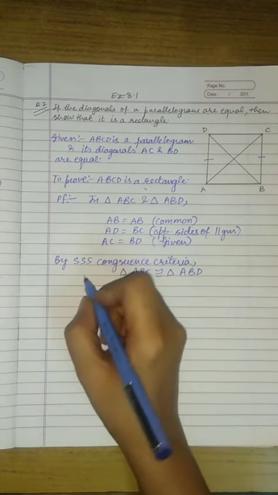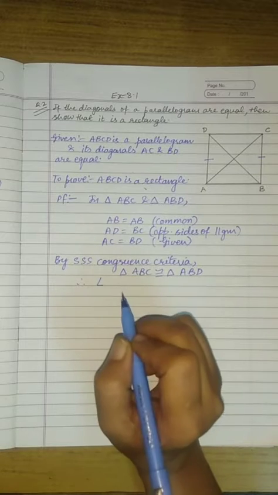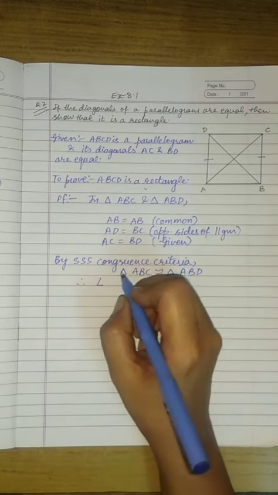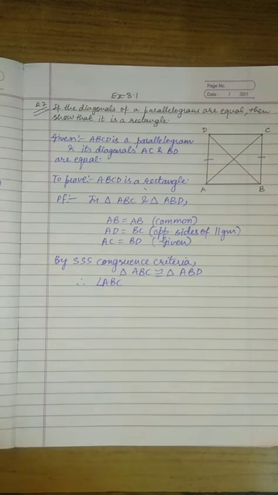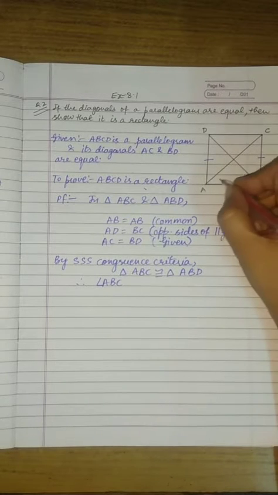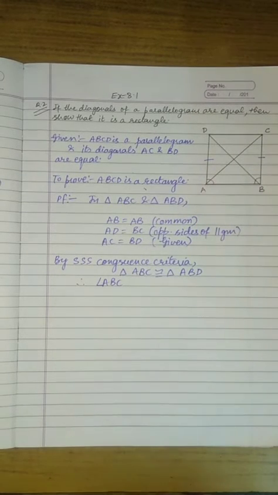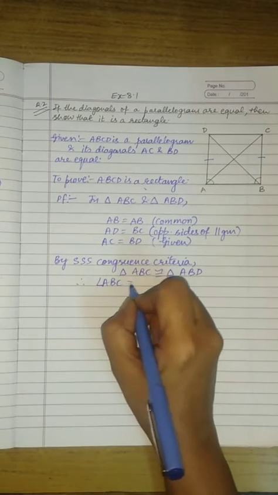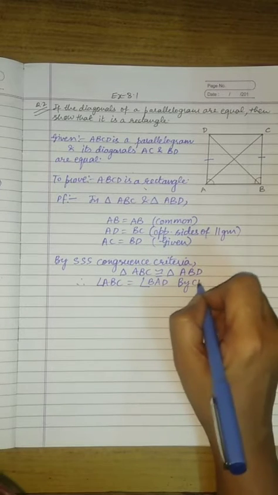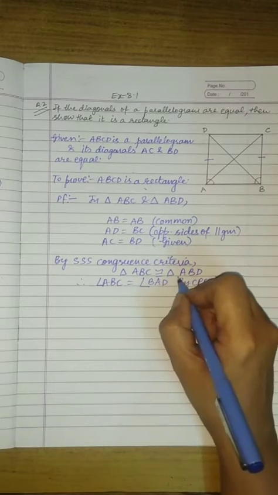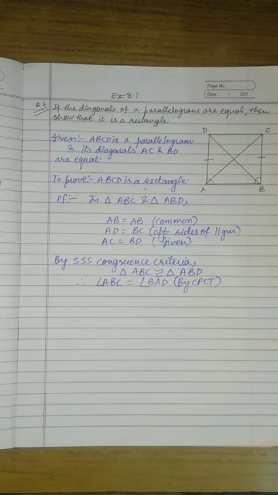Therefore, angle ABC is equal to angle BAD by CPCT, corresponding parts of congruent triangles.